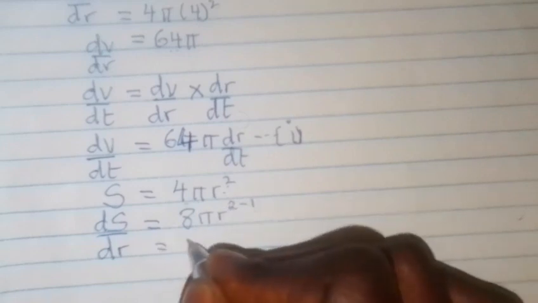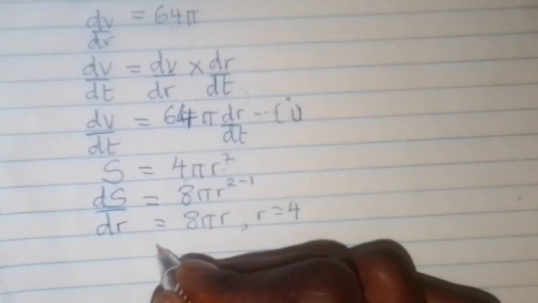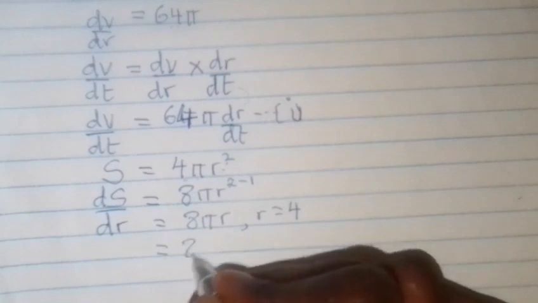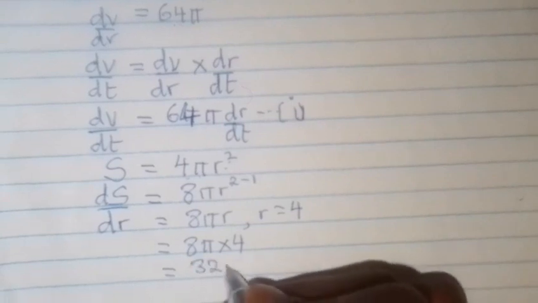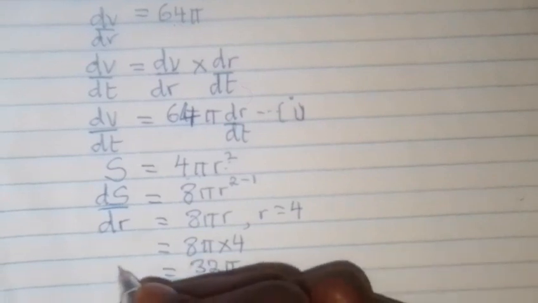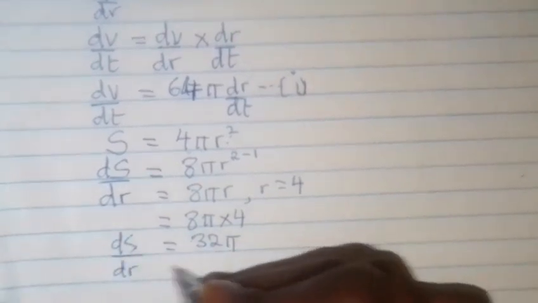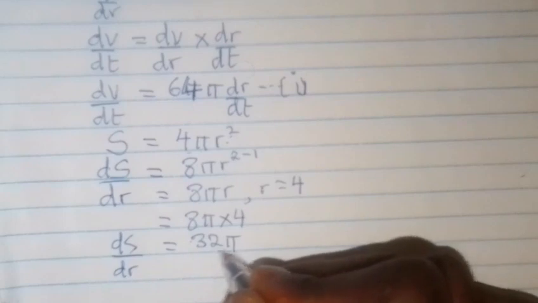So finally we have 8 pi r. Now we also know that r is 4 centimeters, and if we plug that in here, it's going to give us 8 pi times 4, and that will leave us with 32 pi. So our dS dr will give us 32 pi.